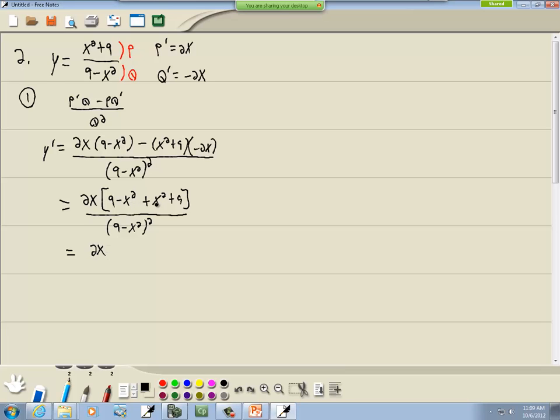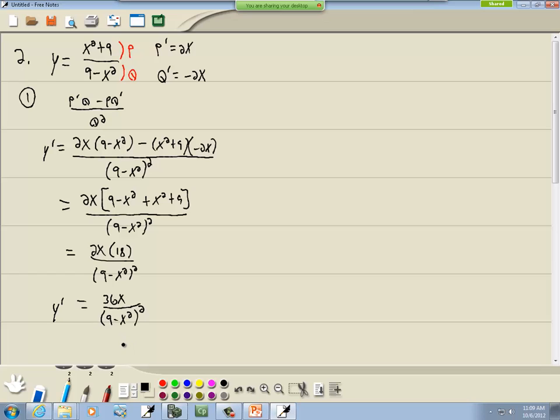Negative x squared plus x squared cancels way up there. 9 plus 9 is 18 over this, which gives us 36x over 9 minus x squared squared. And that's our first derivative.